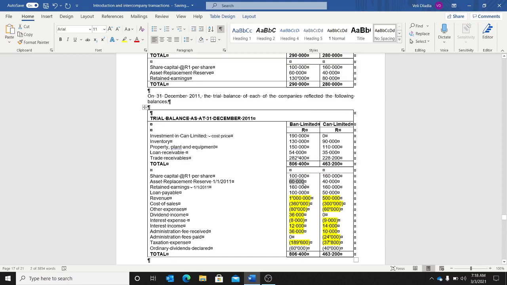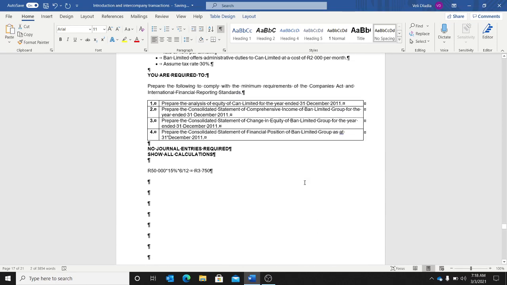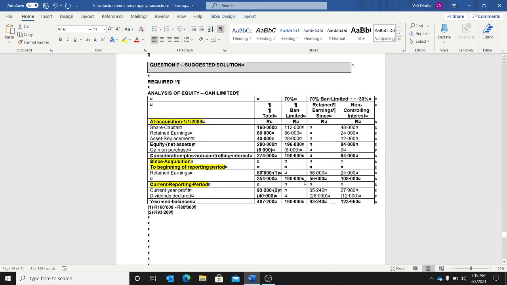So you start by saying 60, and then you say plus what Ben is entitled to in this date here, but only what is asset replacement.